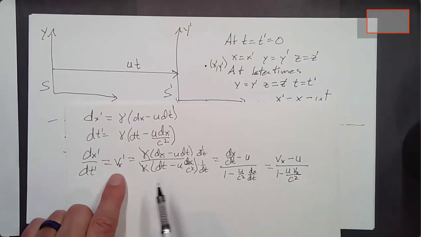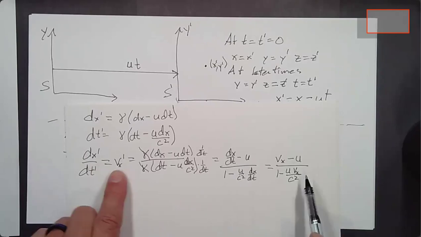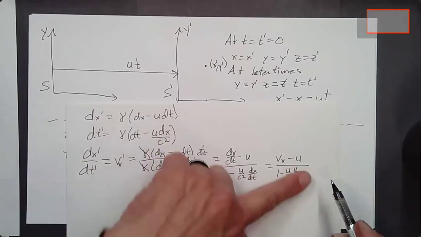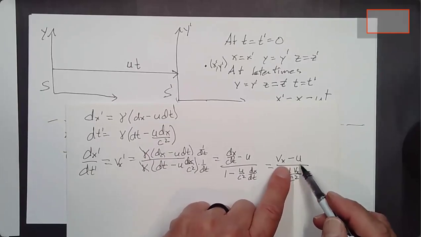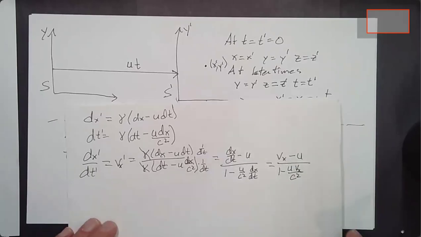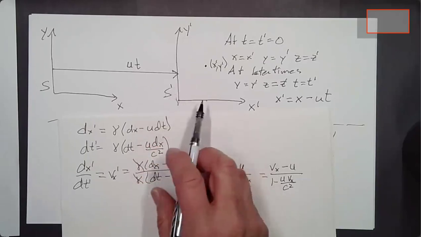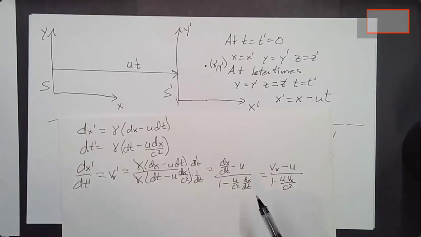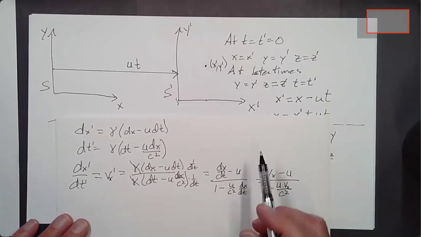Okay, this is the velocity as observed in the primed coordinate system. If you think about it, the v sub x minus u, well, here's something to imagine. Let's suppose that the primed coordinate system is a train car that's moving to the right with a speed u.